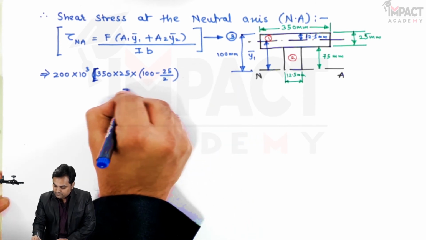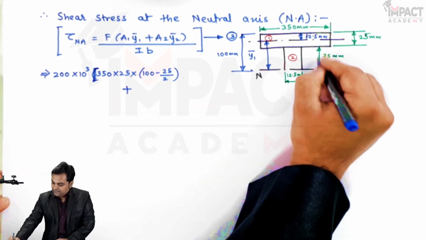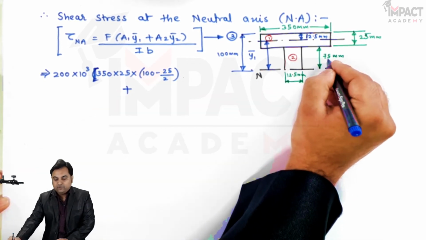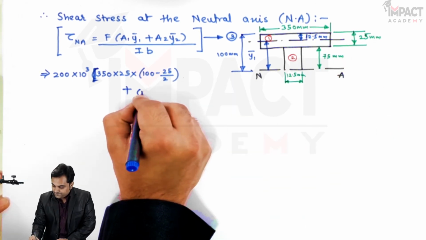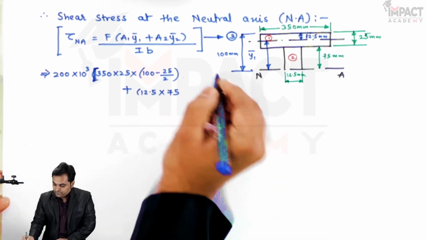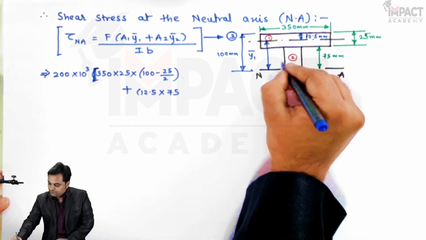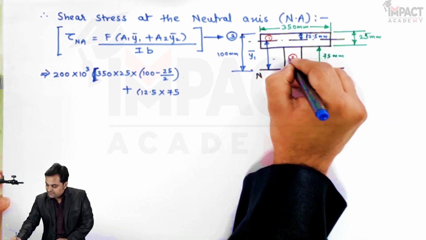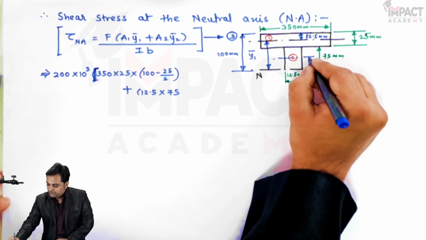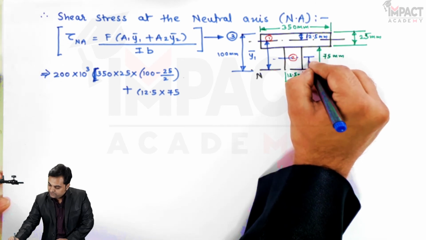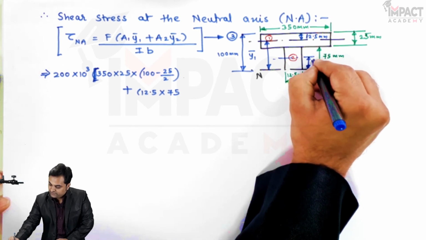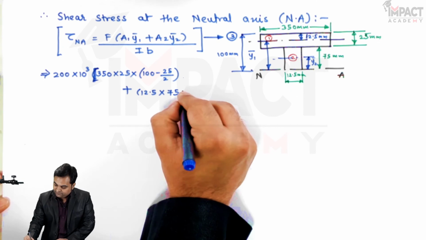Then plus area 2. Area 2 is 12.5 into 75, and Y2 bar is the distance between the x-axis for this rectangle 2 and the neutral axis. So it can be clearly seen that this distance is Y2 bar, which is half of 75.